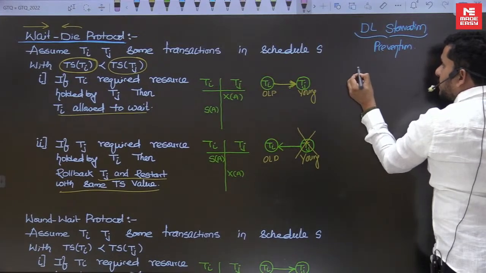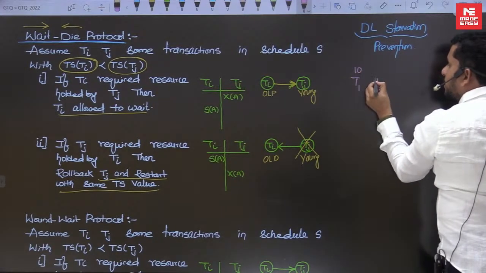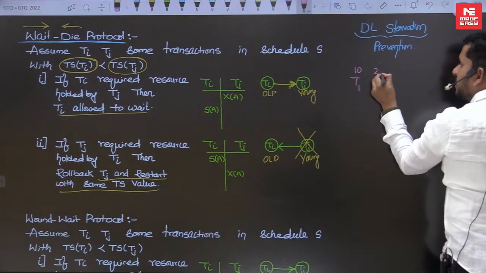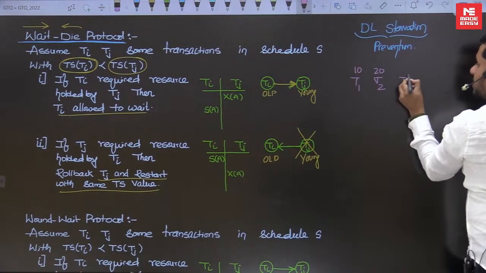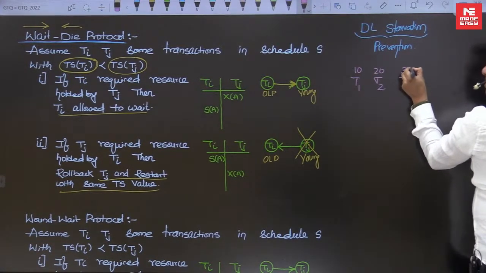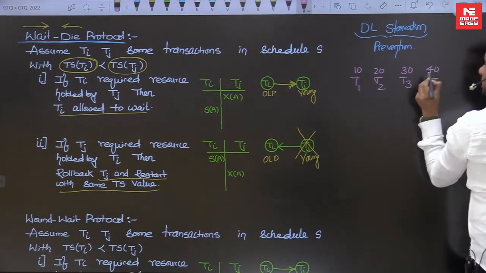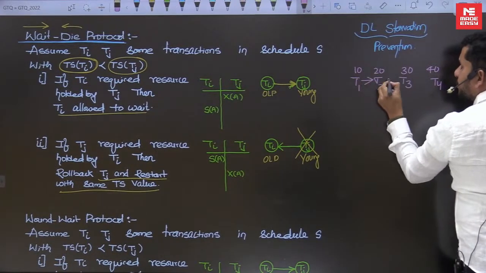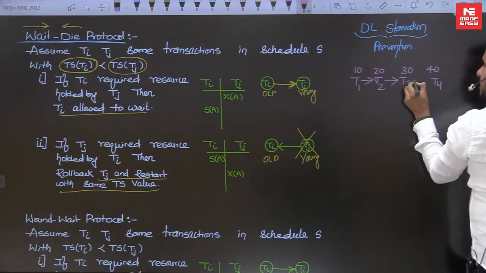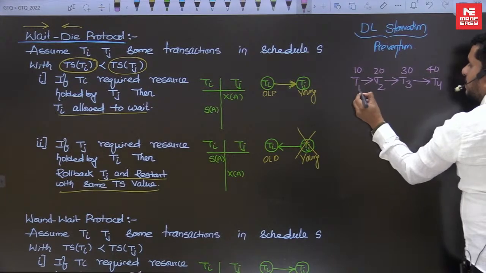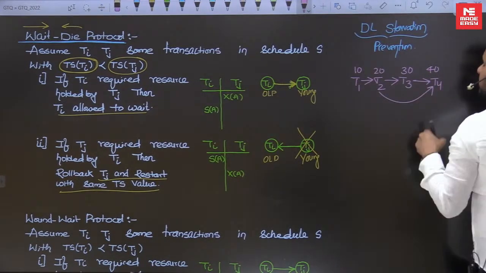Suppose the timestamp of T1 is 10, T2 is 20, T3 is 30, and T4 is 40. T1 can wait for T2, T2 can wait for T3, T2 can wait for T4, and so on.